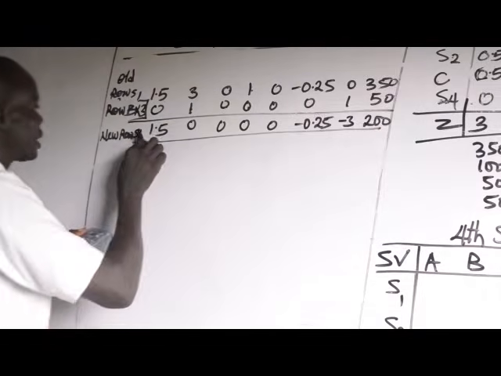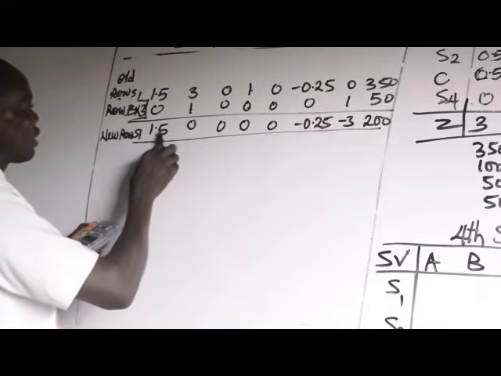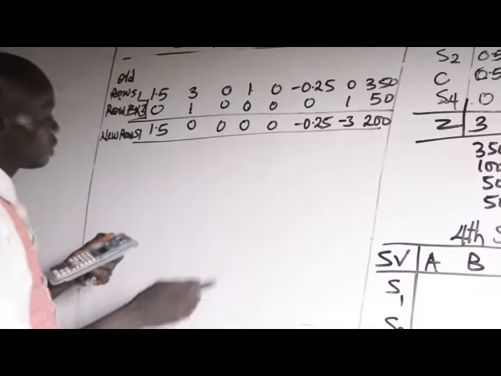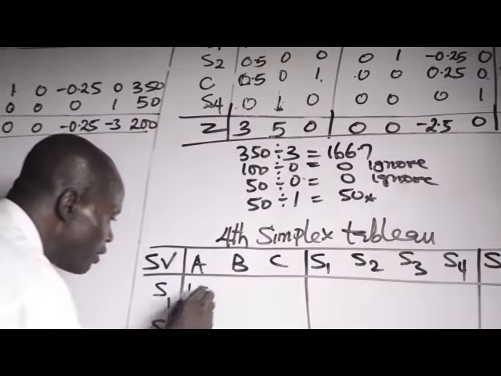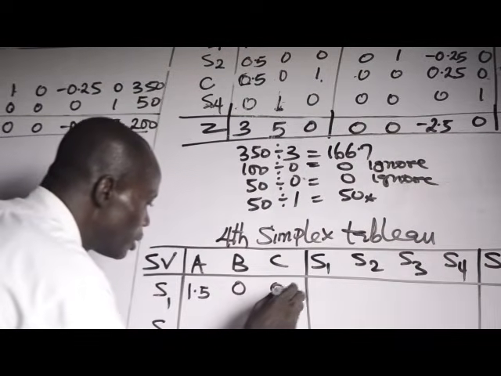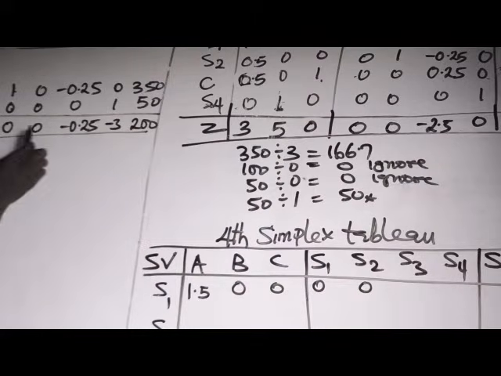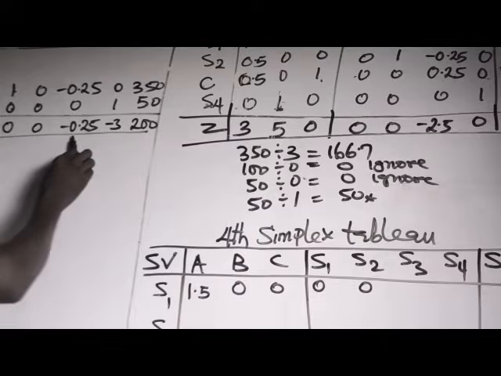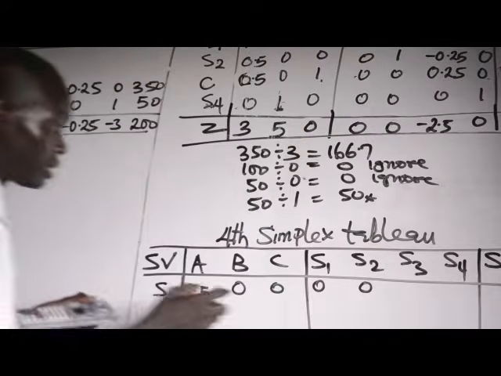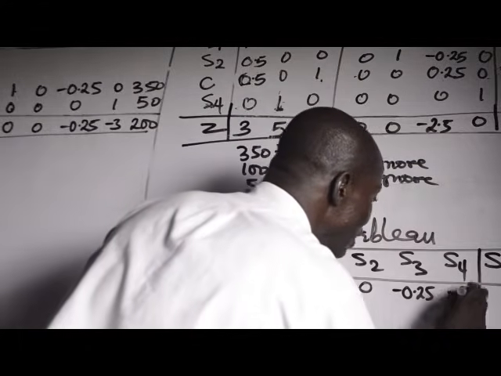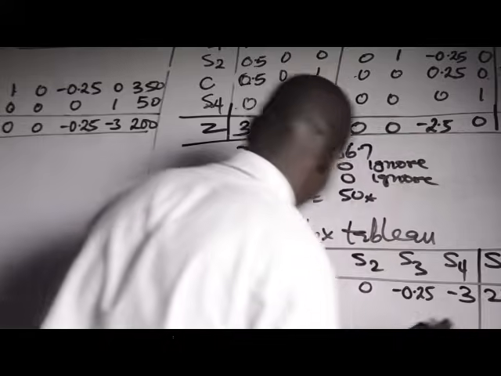Let's put this in row S1: 1.5, 0, 0, 0, 0, minus 0.25, minus 3, and 200.